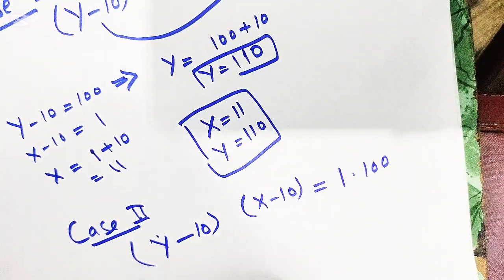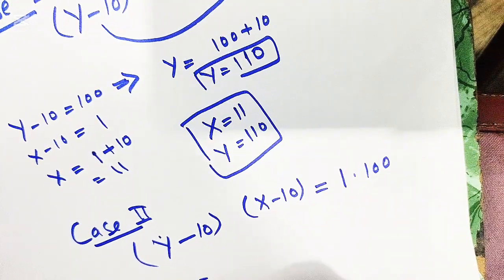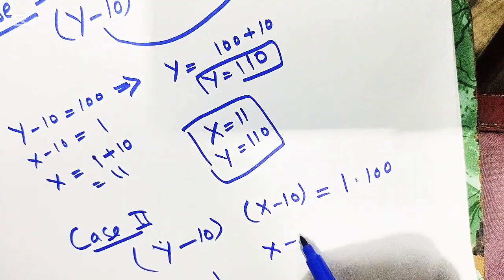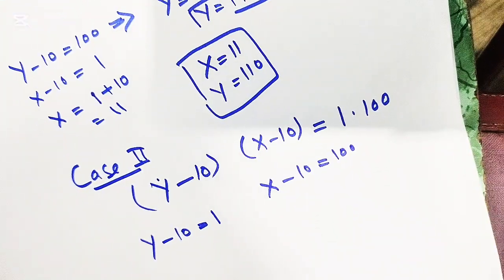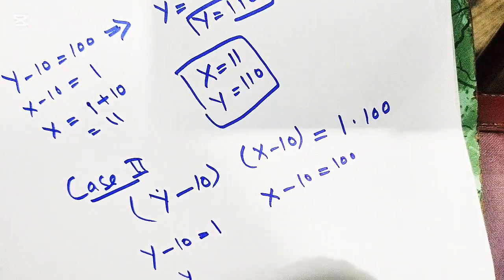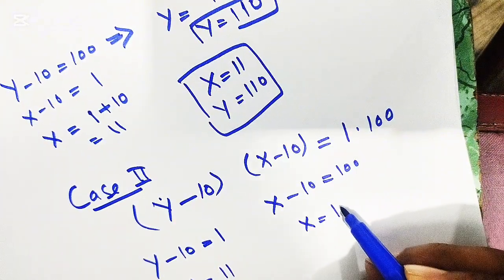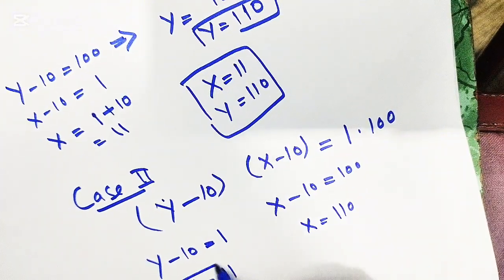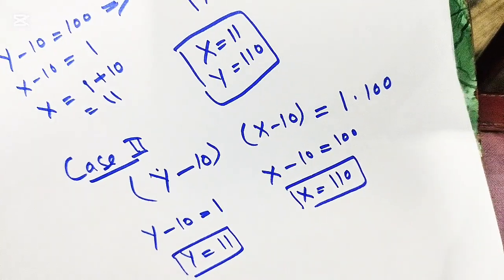Now y minus 10 is equal to 1 and x minus 10 is equal to 100. From here, y is equal to 11 and x is equal to 110. This is our second case.